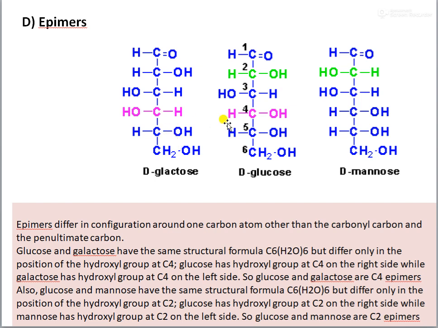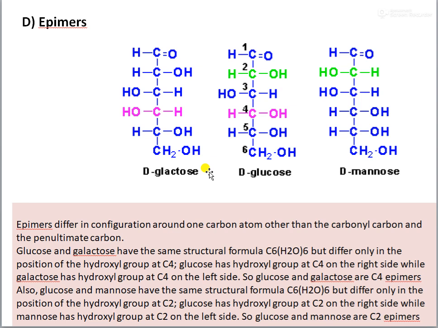So D-galactose and D-glucose differ from each other only at the C4 asymmetric carbon atom. Such isomers, which differ in the configuration around one carbon atom other than the carbonyl carbon and the penultimate carbon, are referred to as epimers.